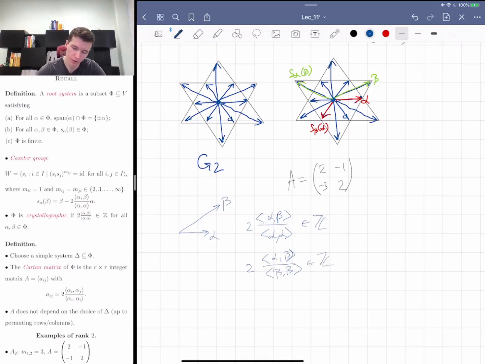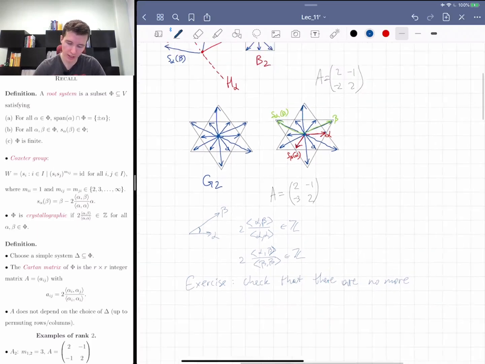And if you look at the angle between them, then these two conditions put some heavy restrictions on the cosine of that angle, and therefore, well, anyway, exercise: check that there are no more crystallographic root systems of rank 2.